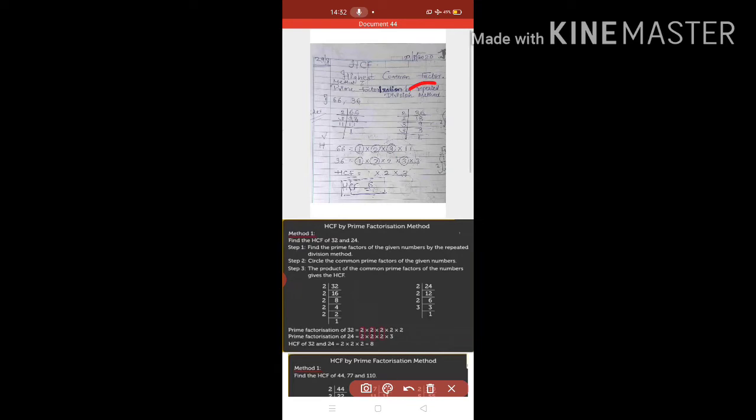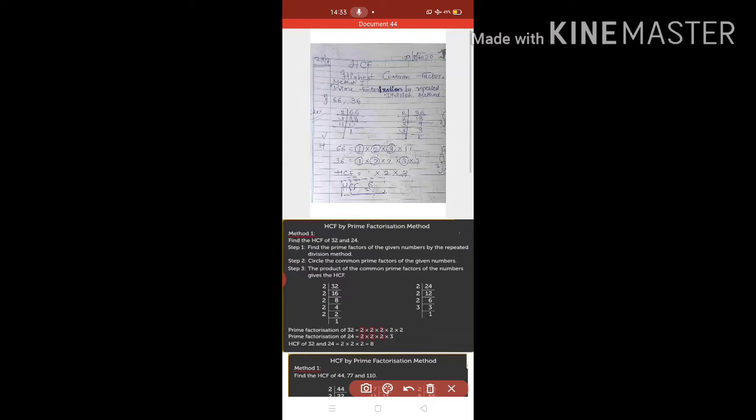First you have to find the factors. How are you supposed to find the factors? It's very easy. You have done it in the notebook notes, part 1 and part 2. Here, my dear children, you have to keep dividing till you get 1. Now 66 is a big number.